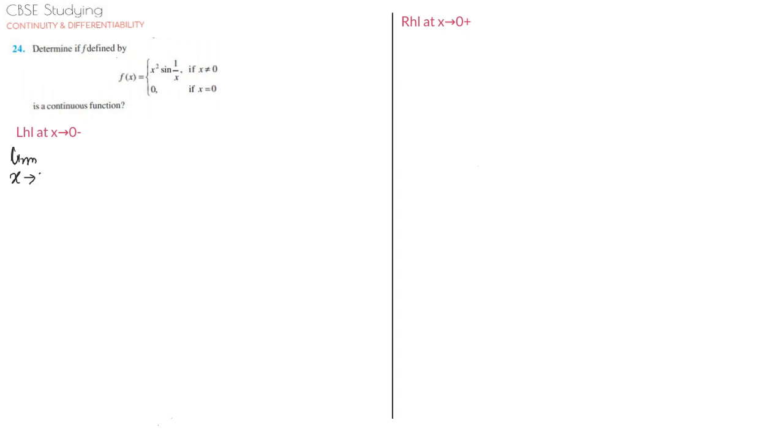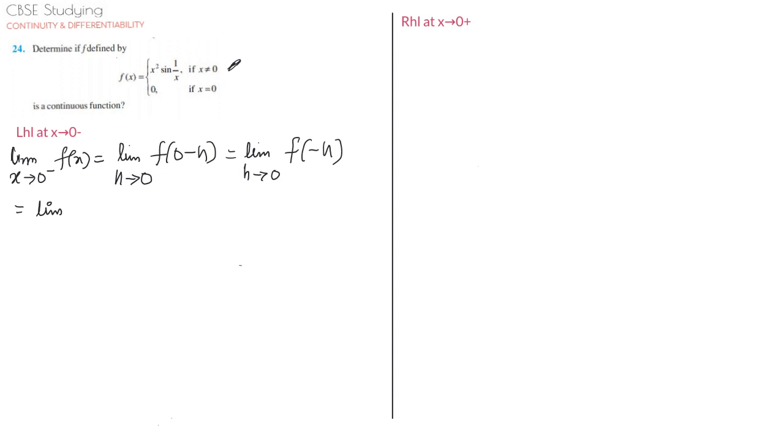Limit x tends to 0 minus f of x is equal to limit h tends to 0 f of 0 minus h, limit h tends to 0 f of minus h. When the value is lesser than 0, which are we going to take? X square sine 1 by x. So limit minus h square sine 1 by minus h, right?